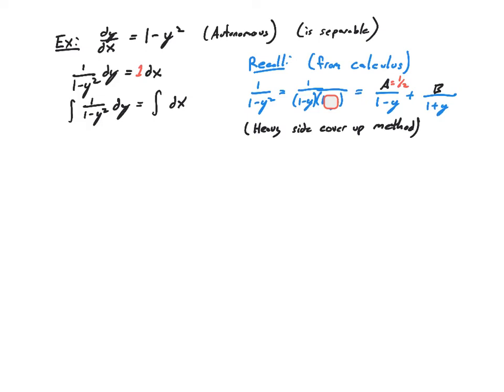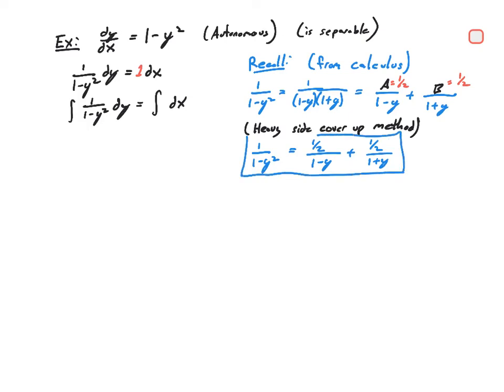So that's going to turn into also 1/2. And that's pretty much how the Heaviside cover-up method works. And again, most students don't even have to write any of this out. They can just see it very quickly. 1 over 1 minus y squared is equal to 1/2 over 1 minus y plus 1/2 over 1 plus y.